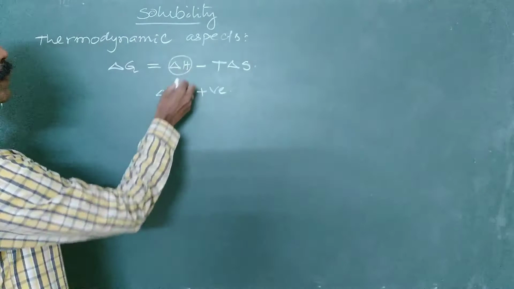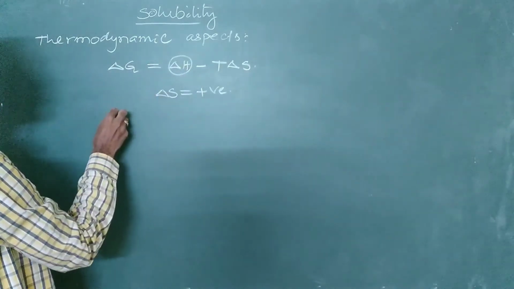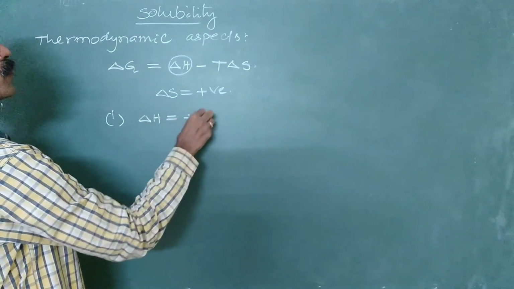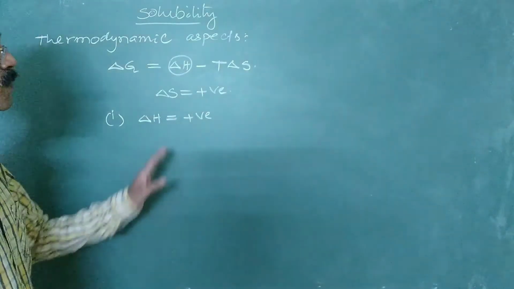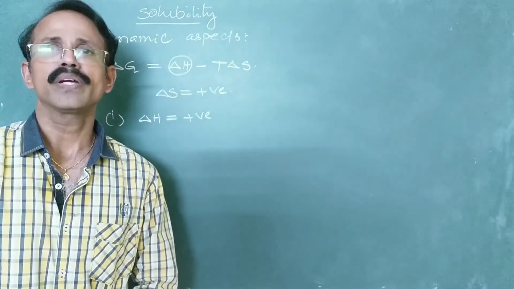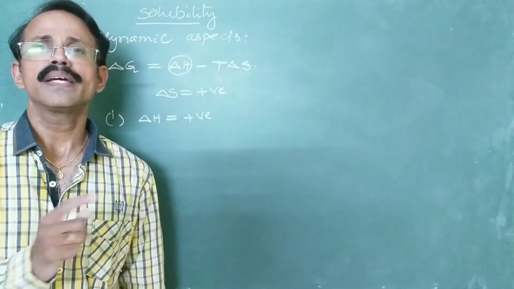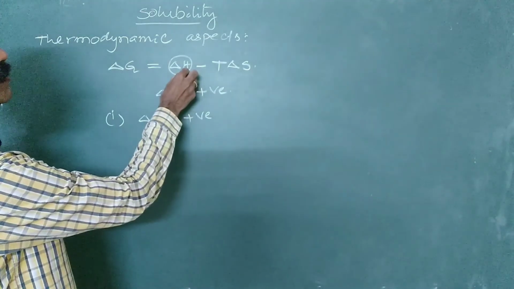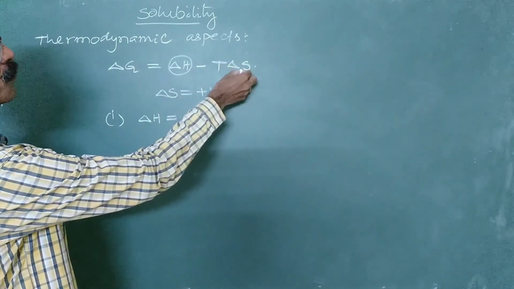Delta H may be positive or negative. Let us consider delta H positive. If delta H is positive, still the reaction may be spontaneous. When delta G becomes negative, this is positive, this is also positive, right?